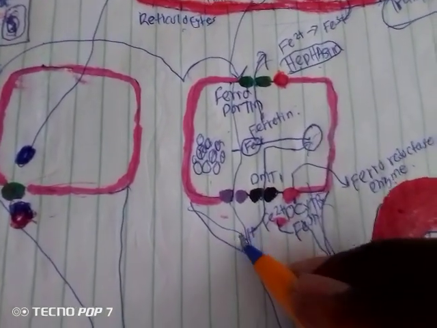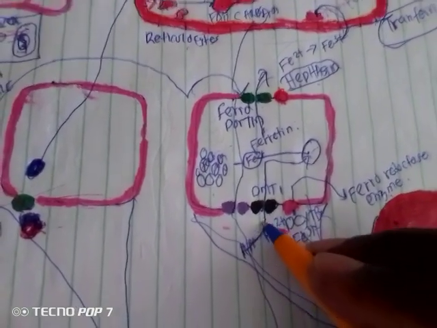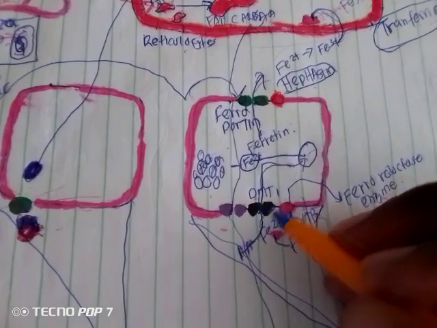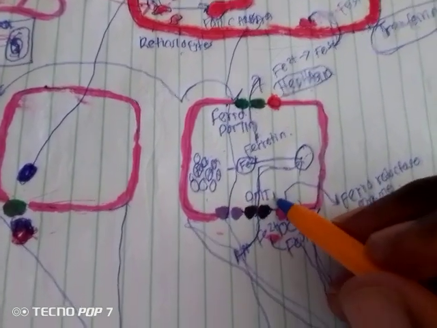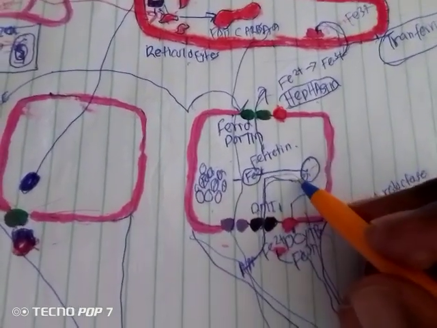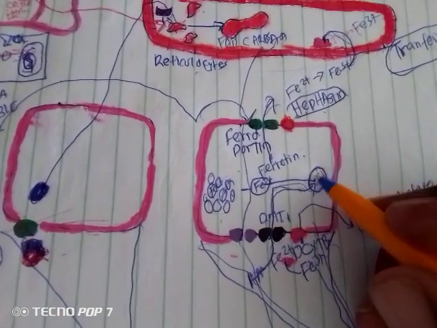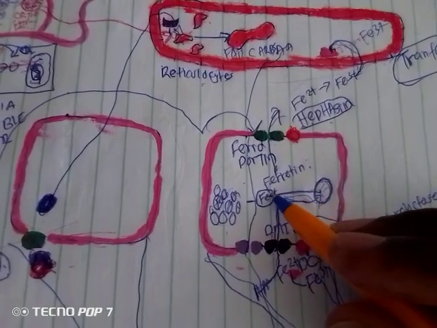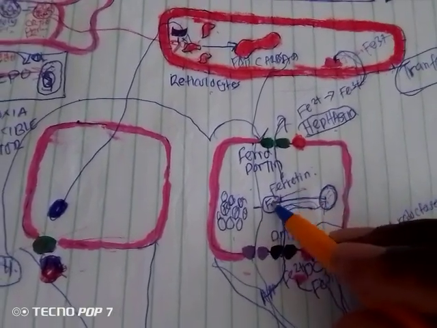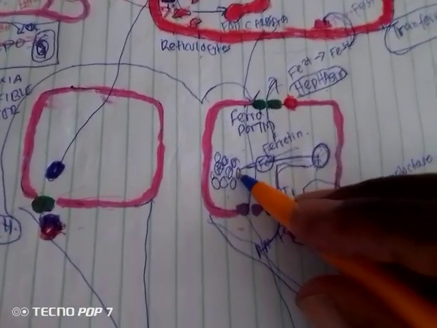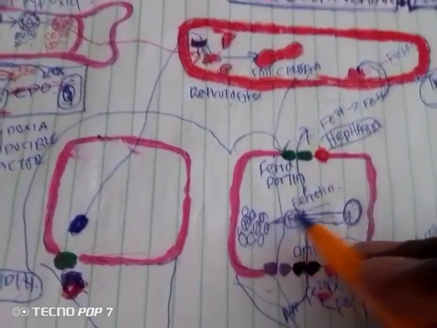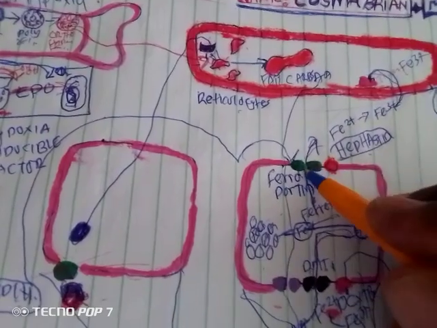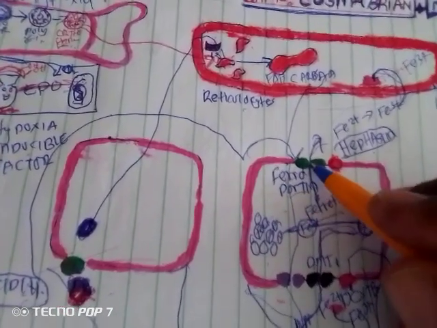Under the help of hydroxyl ions, it gets into the enterocyte through the transporter, divalent metal transporter 1. After getting in, it binds to apoferritin, forming ferritin. Ferritin forms a polymer here, that's hemosiderin. Iron can also get out of the enterocyte through ferroportin, a transporter here.